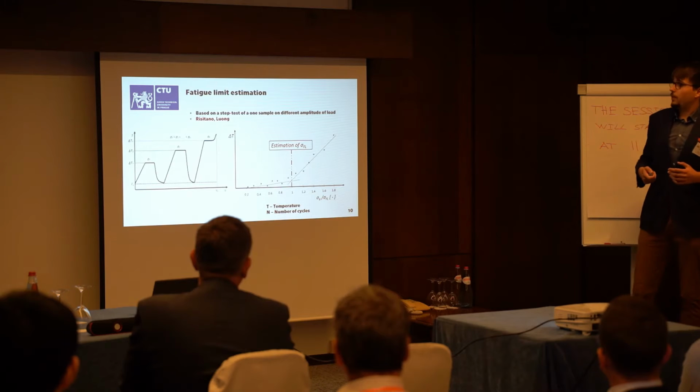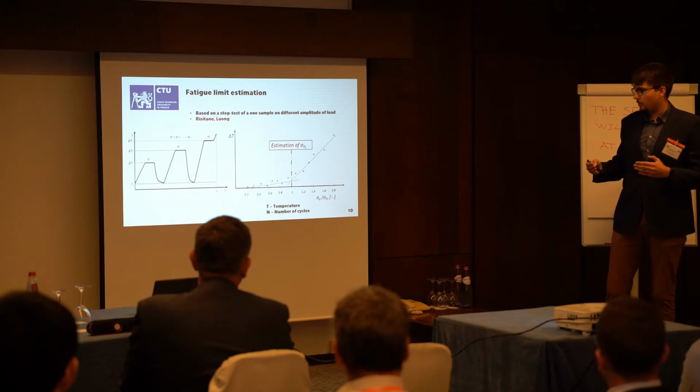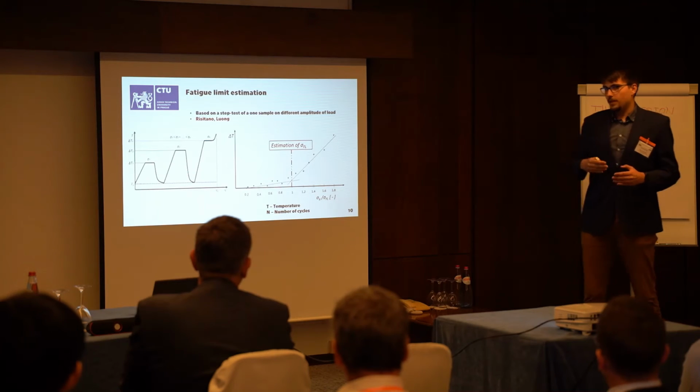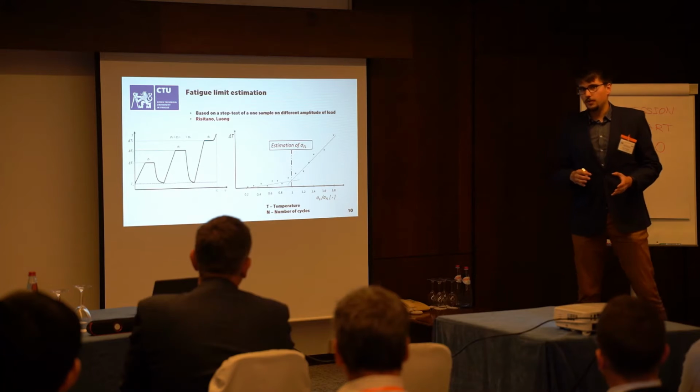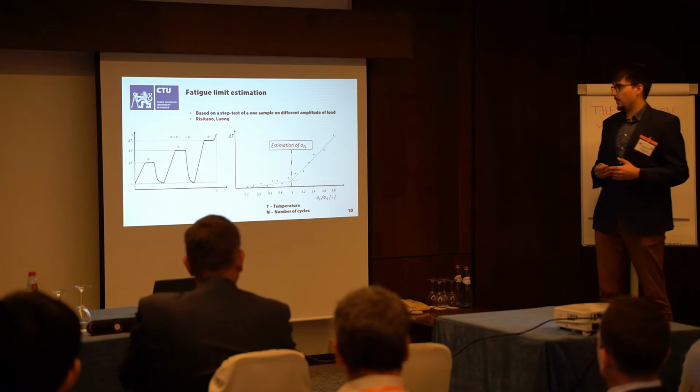They say that there should be a visible intersection of the stabilized temperature in correlation to the amplitude of load, and there should be the transition between the fatigue limit area and the over-the-fatigue-limit area.